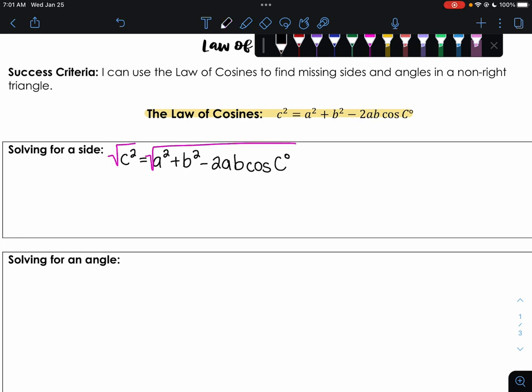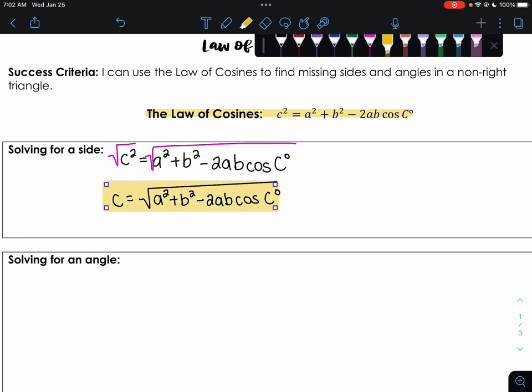So that would give me C equals the square root of a squared plus b squared minus 2ab times cosine angle C. So just like that. And this is what we will use to solve for missing sides.